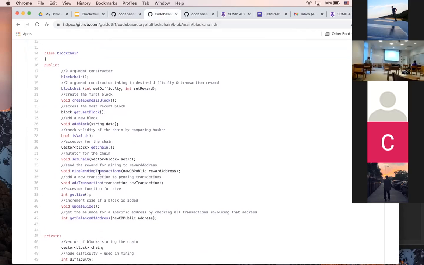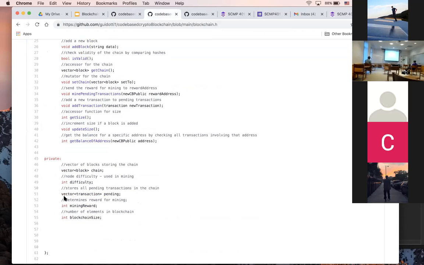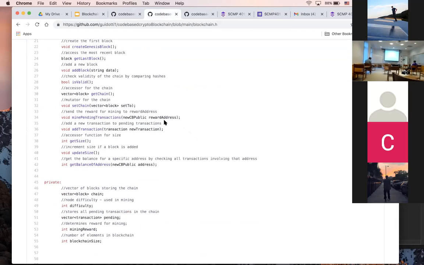The most important ones here are, so we have mine pending transactions, which if you give it a reward address of one of the nodes in the blockchain, it'll go through the vector of all the pending transactions, which we store as a private member here. And once you've mined the transactions, it'll give you the reward to this reward address.